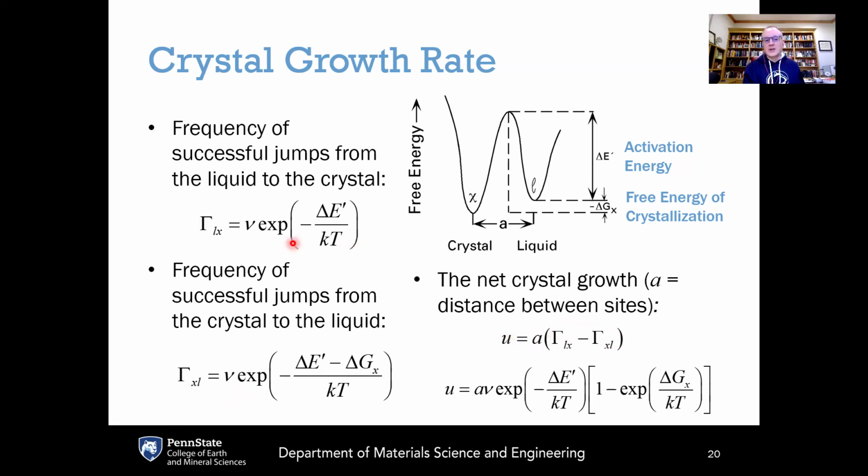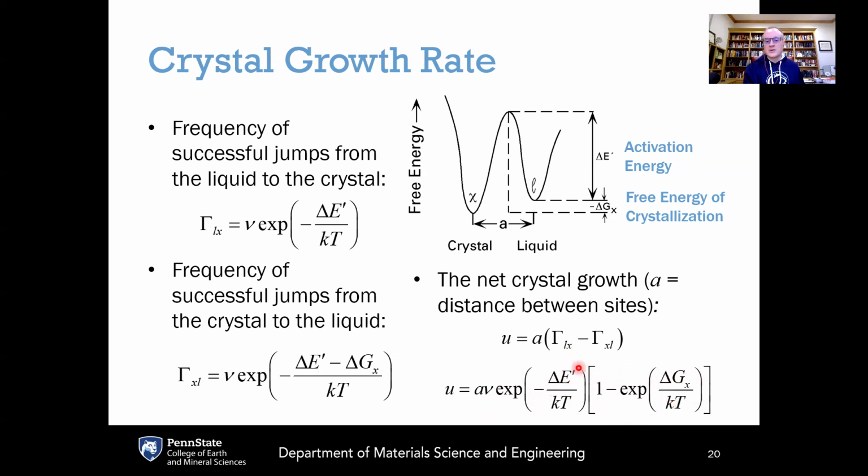And now taking our expressions for these two different gamma factors and combining the common factor of e to the minus delta E prime over kT, the overall crystal growth rate U is this atomic jump distance, a, times our vibrational frequency, nu, times the exponential of minus delta E prime over kT, and then times this factor 1 minus e to the delta G sub X over kT.